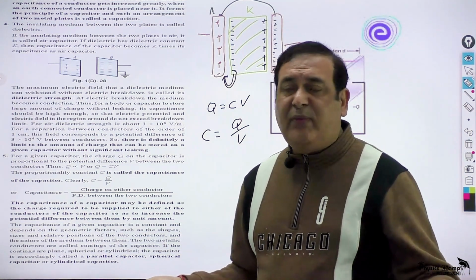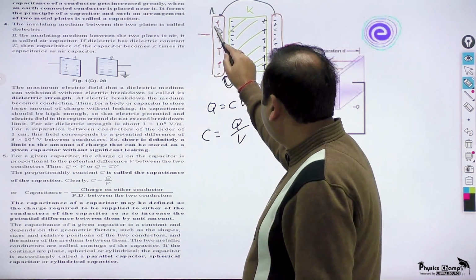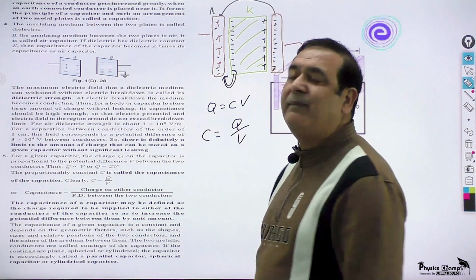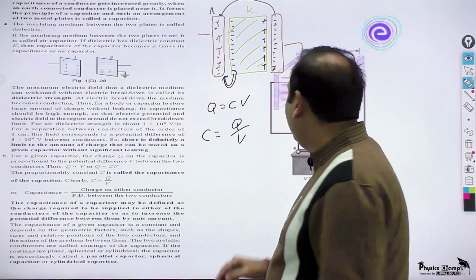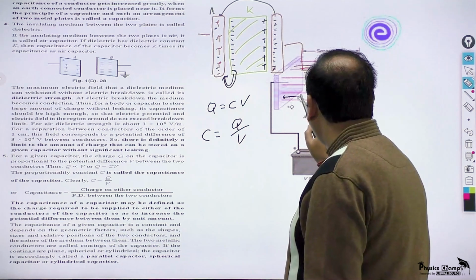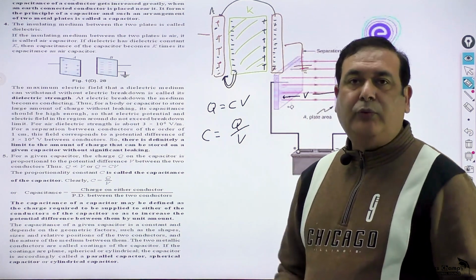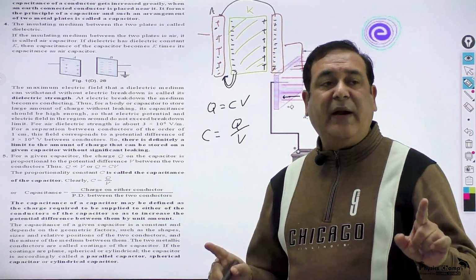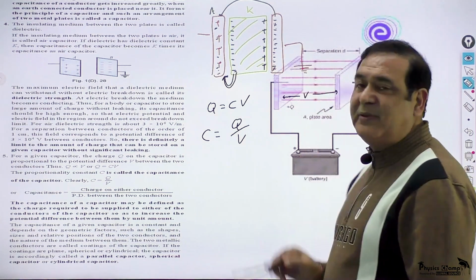Capacitance is Q by V, where Q stands for the amount of charge stored in plate A and V stands for not the potential, but the potential difference between the two plates. So V here would stand in a capacitor for the potential difference between the two plates.